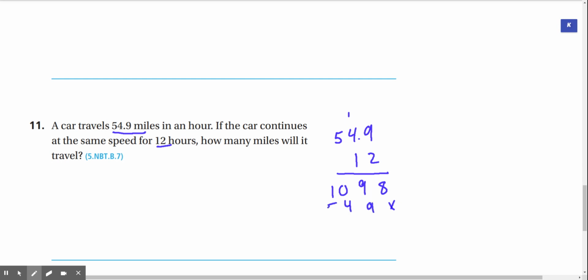And 1 times 5 is 5. So we're going to add all these up. 8. 9 plus 9 is 18. 4 plus 1 is 5. 5 plus 1 is 6. So that's 658.8 miles in the 12 hours.